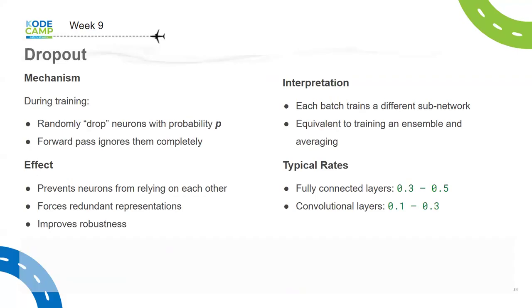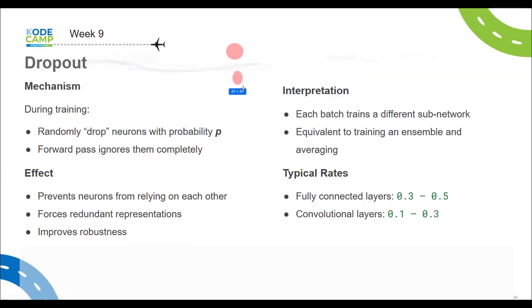Then we have dropout. Dropout is basically saying when you are training a model, drop some neurons with a probability P. So maybe let me see if I can demonstrate what dropout does. Let's assume I have a simple neural network with four neurons in the hidden layer. And remember, this is fully connected, so I also have a bunch of inputs connected to it.